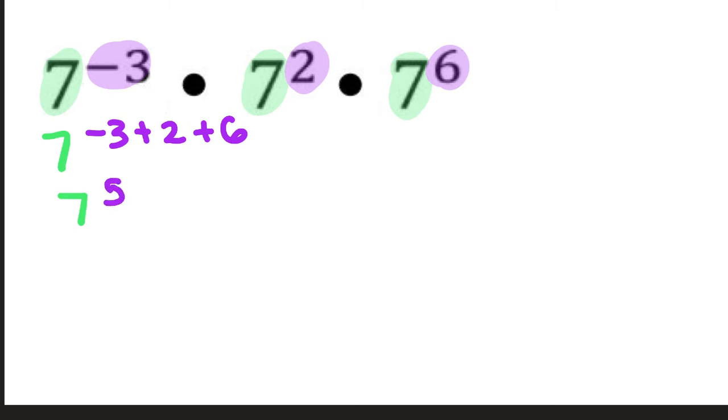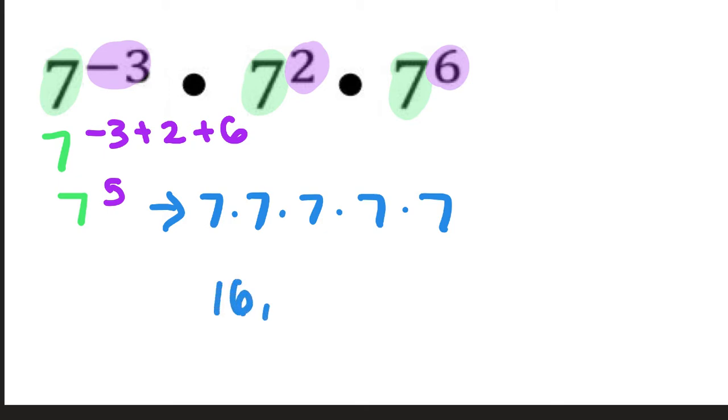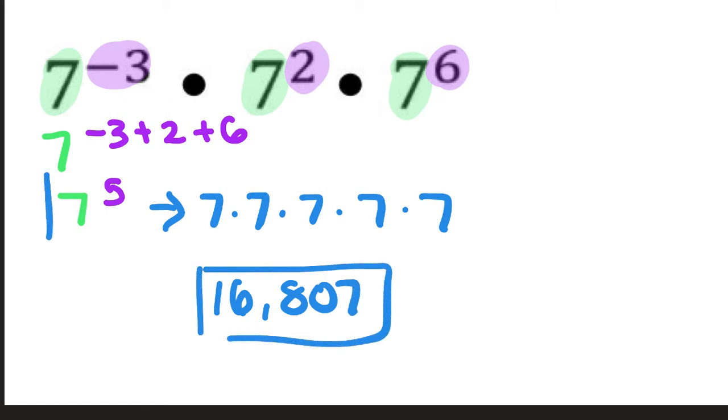So to simplify this, I can either plug it in my calculator or write it out as 7 times 7 times 7 times 7 times 7. And when you plug that in, it gives you a value of 16,807. But again, I can write it either in this form, or if I was just leaving it as my base, it would be as shown.